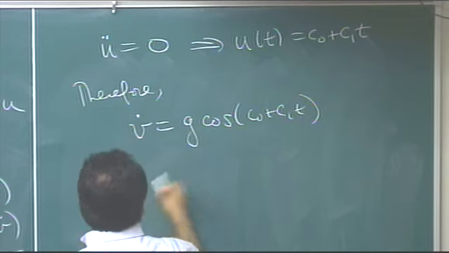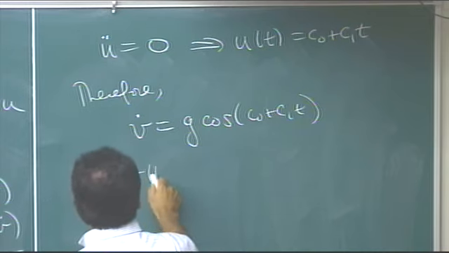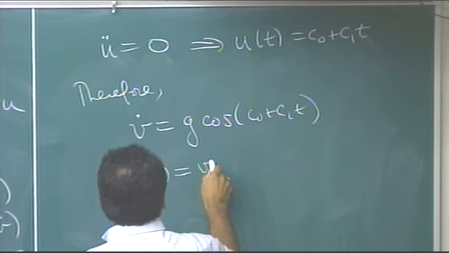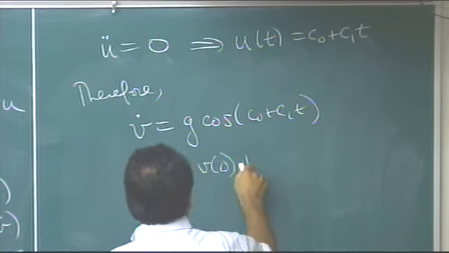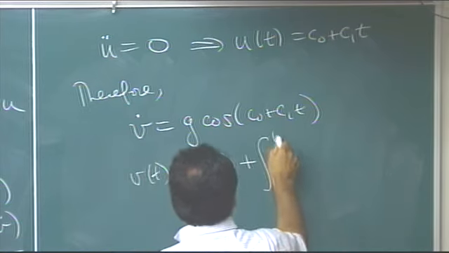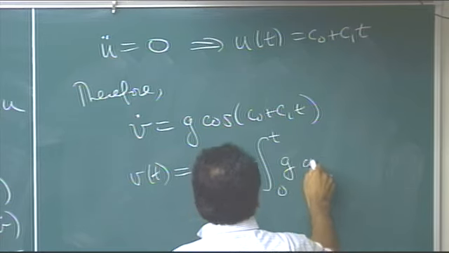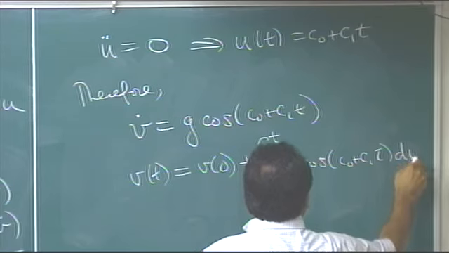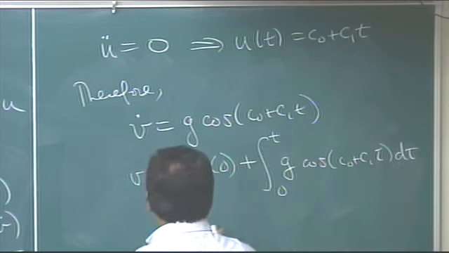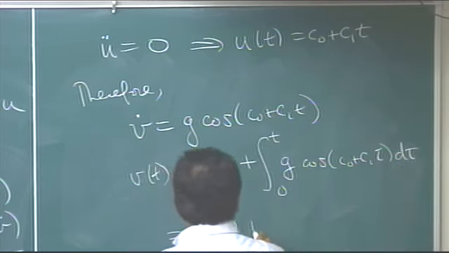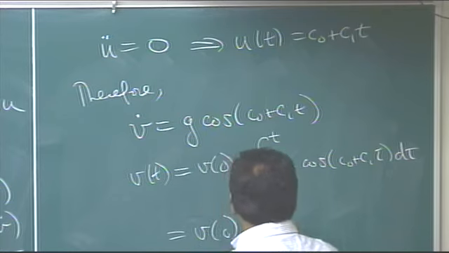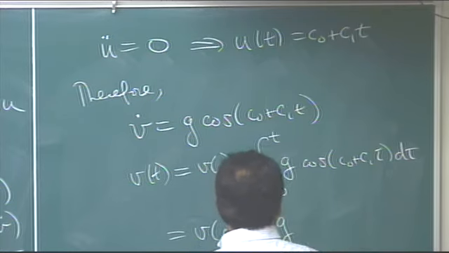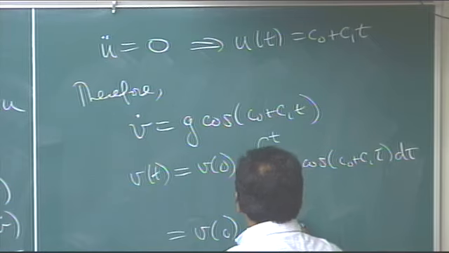If I integrate this, I get v of t is equal to v at 0 plus the integral from 0 to t of g cosine of c0 plus c1 tau d tau, which is equal to v at 0 plus what? Well, I've got g. What's the integral of cosine? Well, the integral of cosine is going to have a coefficient in front here, c1, right?